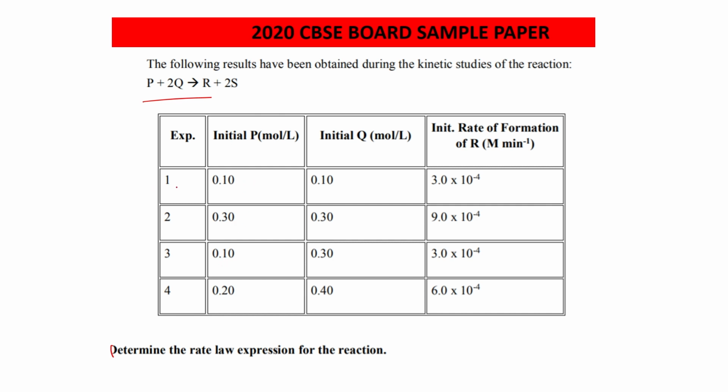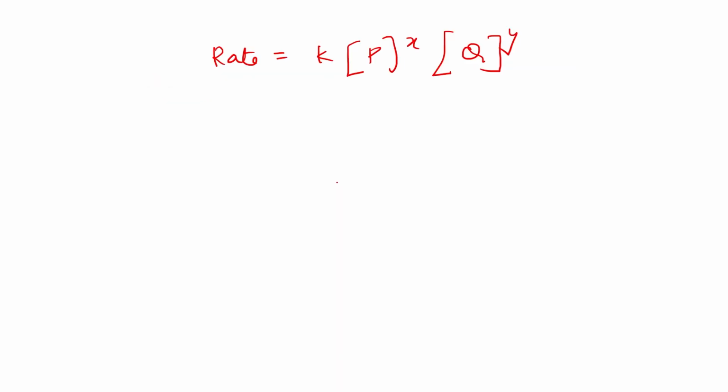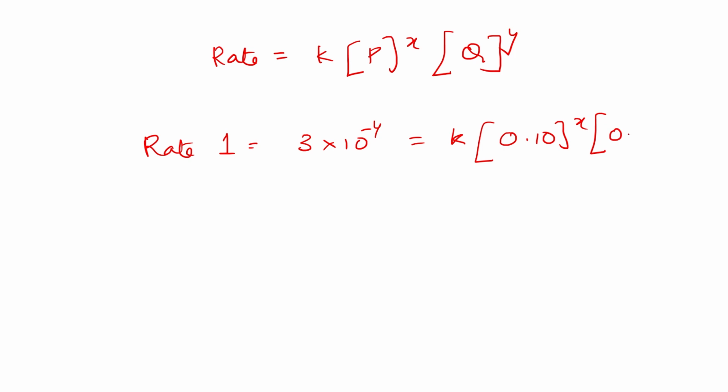For the first one, how much is the rate of formation? This value. What is the concentration of P? So much. Initial concentration of Q? So much. Substitute the value, students. Rate 1, how much was that? It is equal to 3 into 10 raised to minus 4, which is equal to k times the concentration of both the reactants.